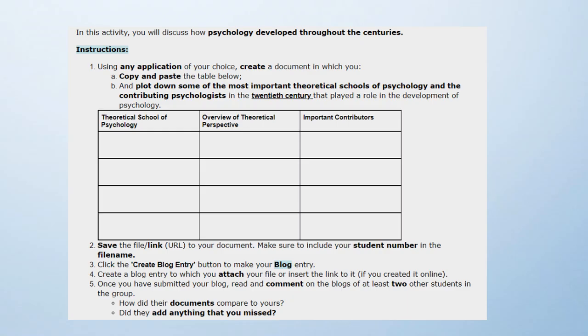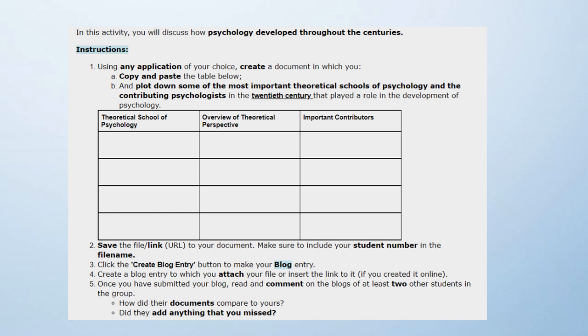So the ICE task says use any application of your choice to create a document, and basically you're going to create that table, and basically those perspectives that we've just been through, those 6 different perspectives, you're going to plot them down, name them, you're going to give a little overview which will show that you've understood them, and you'll put in your important contributors.